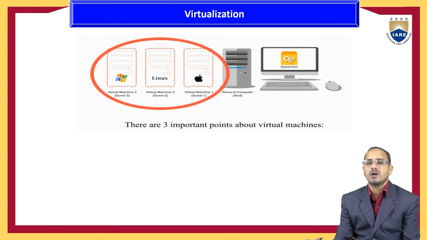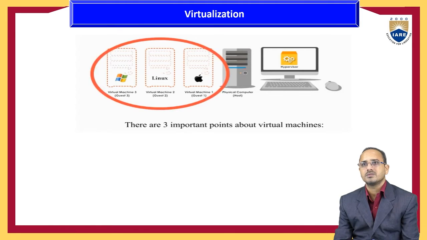The same hardware resources supporting the host system, the physical computer, are shared among the virtual machines. Virtual machine 1, virtual machine 2 and virtual machine 3 all make use of the same hardware resources confined to the physical computer or the host computer.